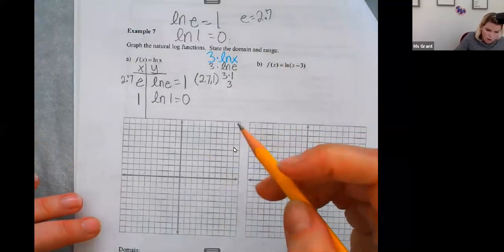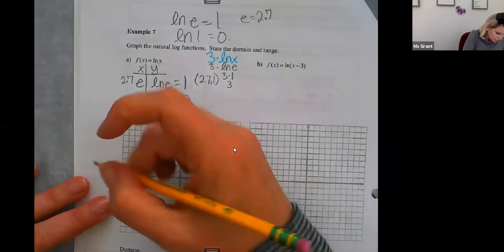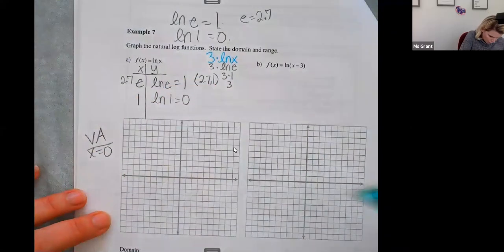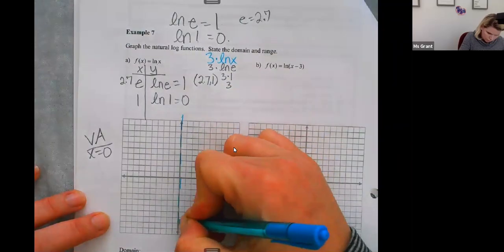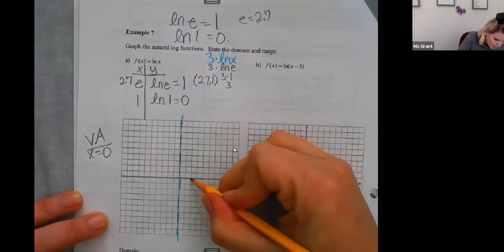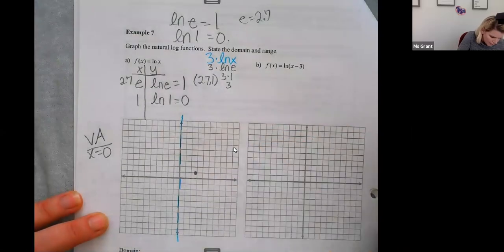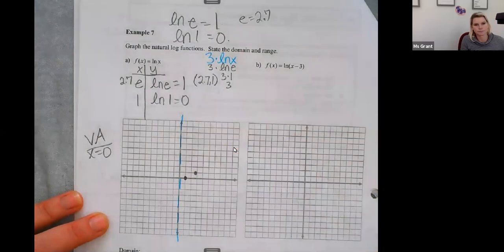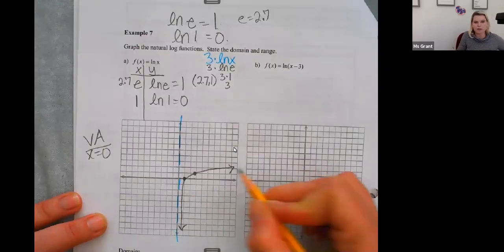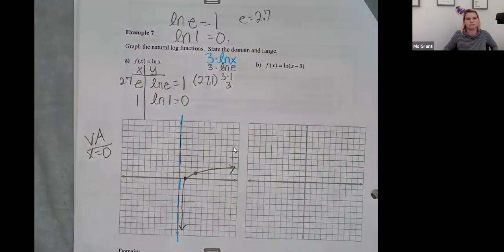My vertical asymptote is again X equals 0 because there was no H. Then my points, 2.7 comma 1, over 2.7 up 1, and then 1 comma 0. So it looks like this. Downward, it never touches the vertical asymptote. Gets really close though.